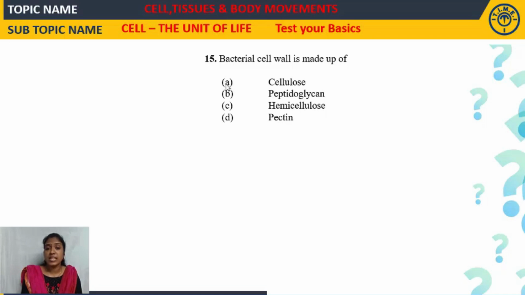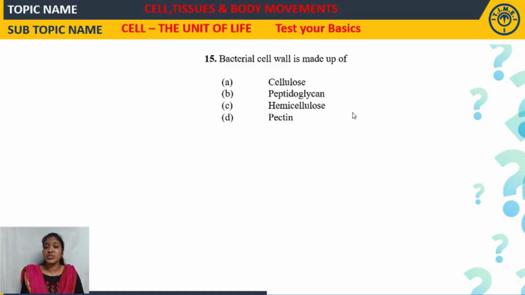Okay, for others who couldn't make out the answer properly, I will help you. Option A, cellulose. The cell wall of a plant cell is made up of cellulose. Cellulose is a polymer made up of monomeric units like glucose units. Many glucose units join together to form a polysaccharide known as cellulose.